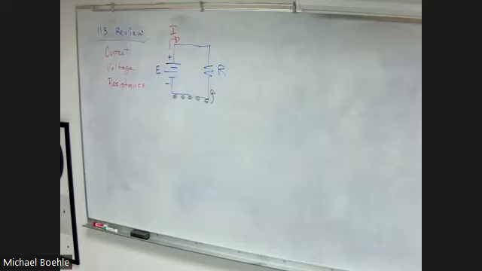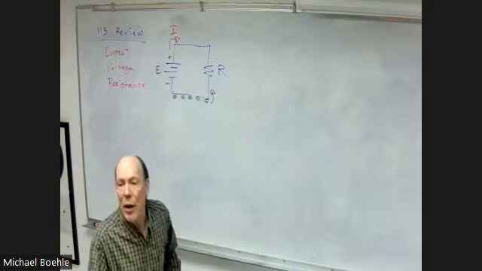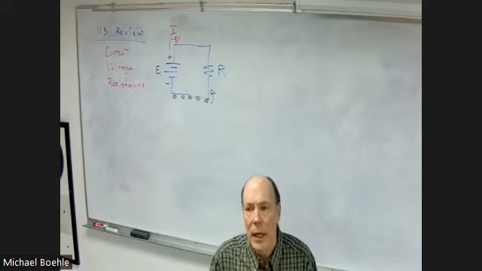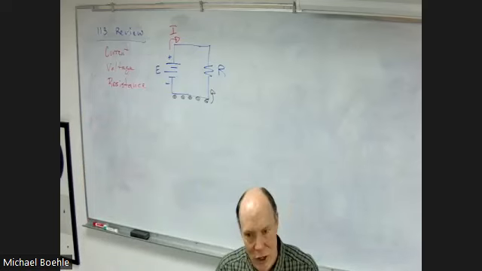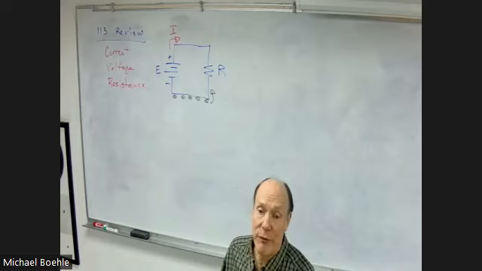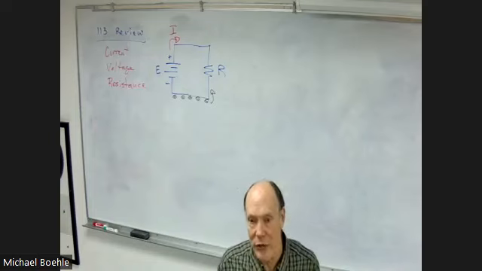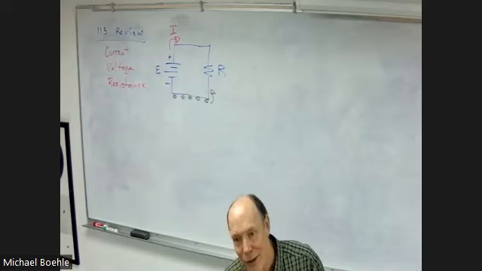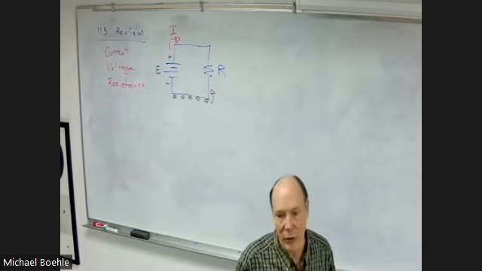But when we get into the AC part, we'll talk a little bit about that. We are still going to make an assumption about a current direction, and if the current flows the other way, well, that is just negative current. We're going to have positive and negative currents.